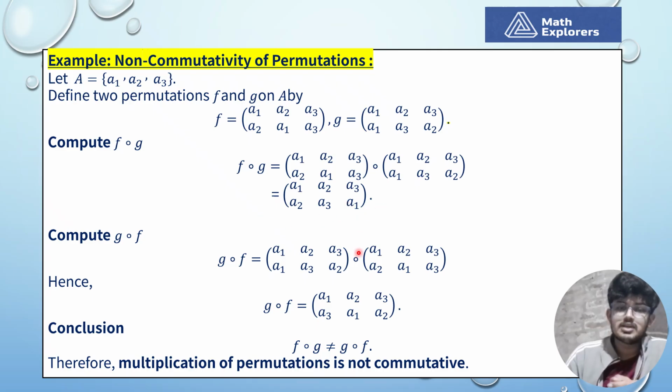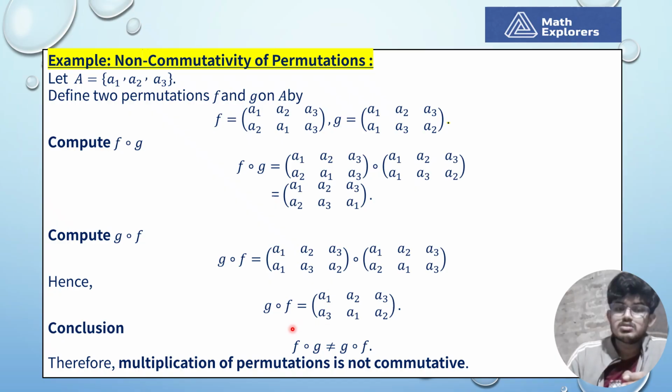ऐसे करते हैं कम्पोजिशन। सिमिलरली अगर तुम g compose f देखोगे तो पहले a1 a2 a3 लिखने के बाद a1 का इमेज क्या है, a2, और इस a2 का इमेज यहाँ पर a3, तो यहाँ पर a3 होगा। a2 का इमेज क्या है, a1, और इस a1 का इमेज यहाँ पर a1 ही, तो यहाँ पर a1 होगा। a3 का इमेज क्या है, a3, और a3 का इमेज यहाँ पर a2, सो a3 का इमेज यहाँ पर a2 होगा। Now here we notice, अगर तुम नोट करोगे तो देखोगे f compose g and g compose f not equal, because a1 का इमेज a2 है but यहाँ पर a1 का इमेज a3 है.